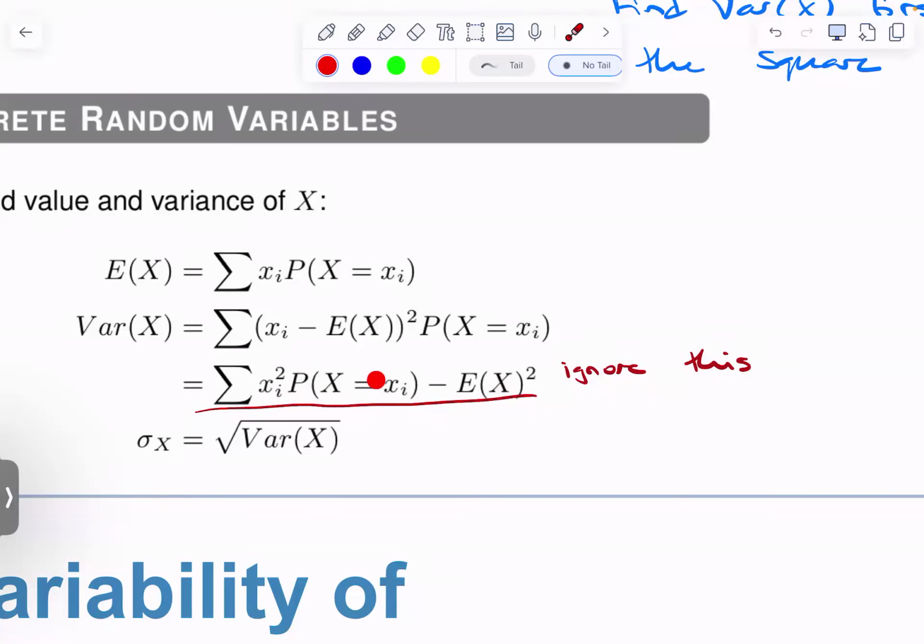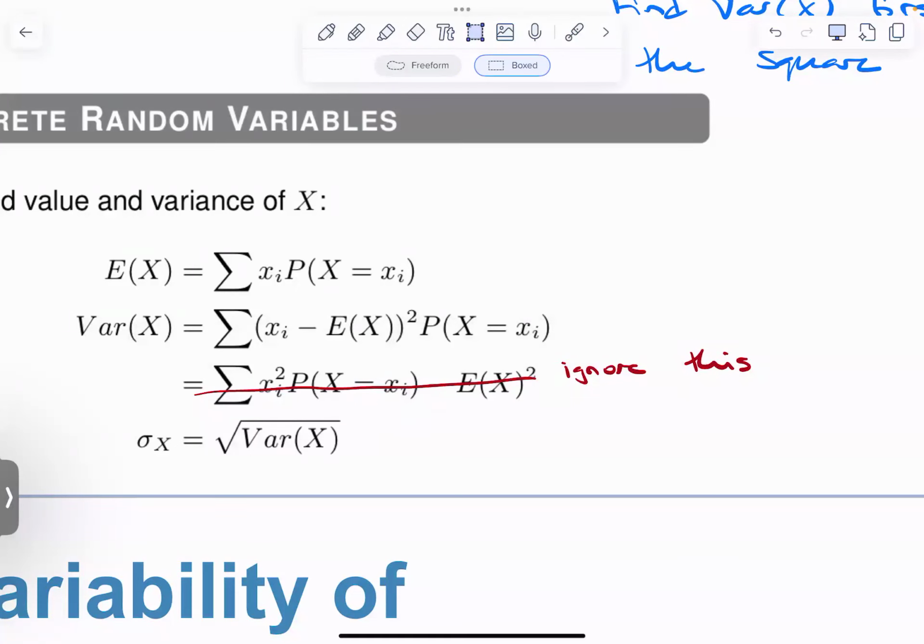I think it's actually more work than this previous one, and then add them all up. But like I said, I'm going to move this up here, and you can ignore it. Maybe I should say if you want.